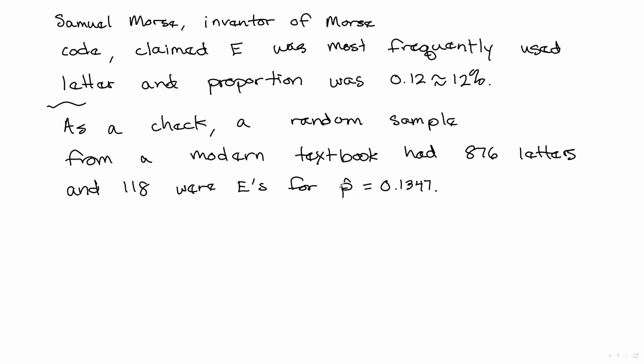In our sample from the textbook, we got that the proportion was 0.1347. Again, if you find proportions a little confusing, just change them into percentage. This is saying 13.47% of the letters were E's. Okay, so the question is, what's the probability of receiving that outcome or higher?